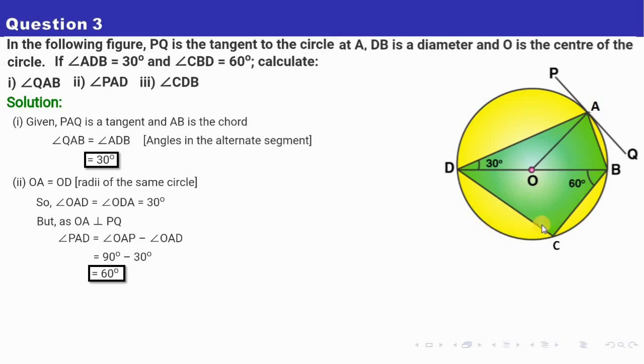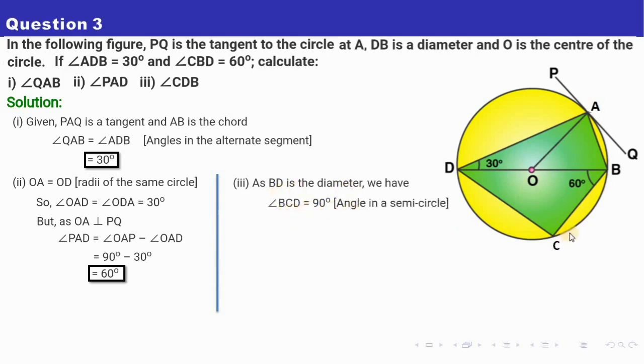So that's why this has to be 90 degrees. We already know this is 60. So this has to be 30 degrees in order to make the sum of the interior angles of this triangle 180 degrees. As BD is the diameter, we have angle BCD equal to 90 degrees, because this is the angle in a semicircle.